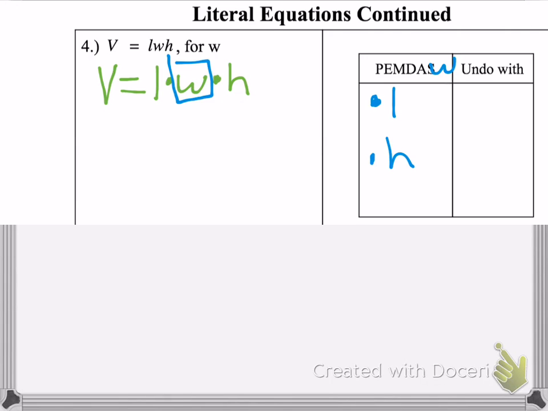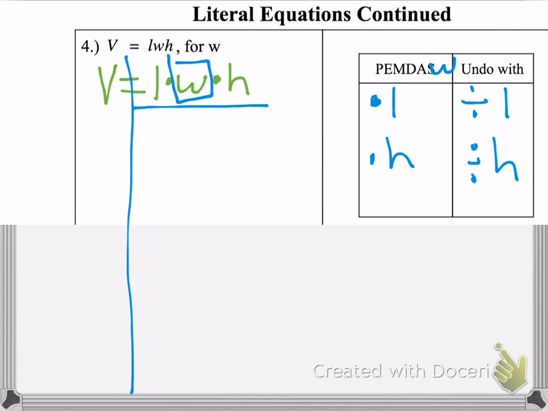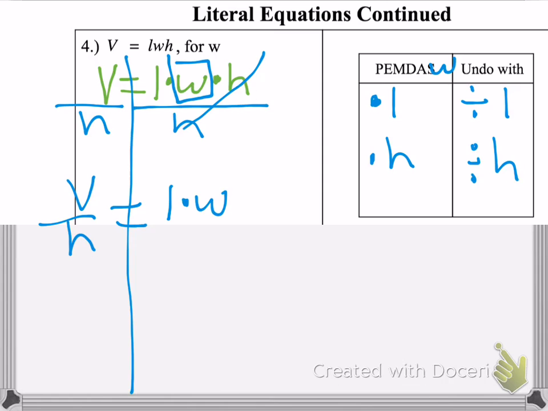So then we're going to do the opposite. So we'll divide by H and we'll divide by L. So we're going to divide by L, or divide by H like I said. So V divided by H equals, well, we still have L, we still have times W, and then H divided by H goes away.